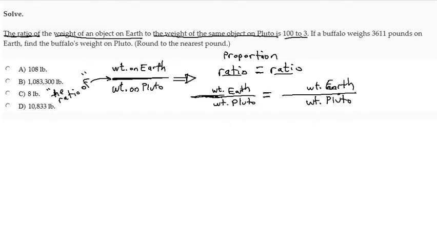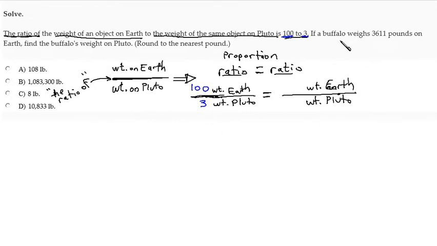All right, now let's look at the numbers that they're giving us. The weight on Earth to the weight on Pluto is 100 to 3, so 100 on Earth to 3 on Pluto. Those are the numbers that belong on this side of the proportion, in this ratio.